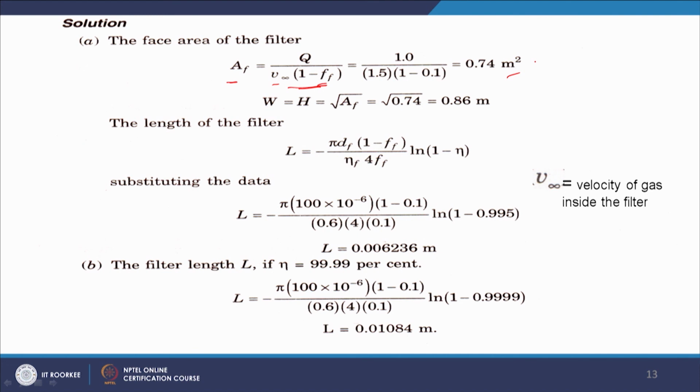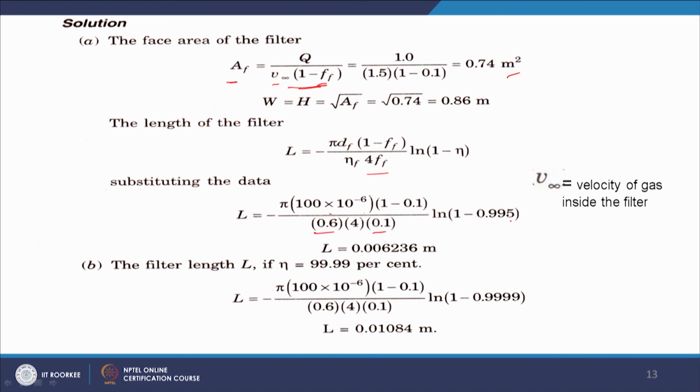The length of the filter L is equal to pi d f into 1 minus f f, L n 1 minus eta f, for f f. So, we will be putting the values: L is equal to pi into d f, 100 into 10 to the minus 6. So, 100 micron will be 10 to the minus 6 meter. So, 1 minus 0.1 and pi f 4 into 0.1, and this value is equal to 0.6 and ln 1 minus 0.995, for 99.5% efficiency as given.